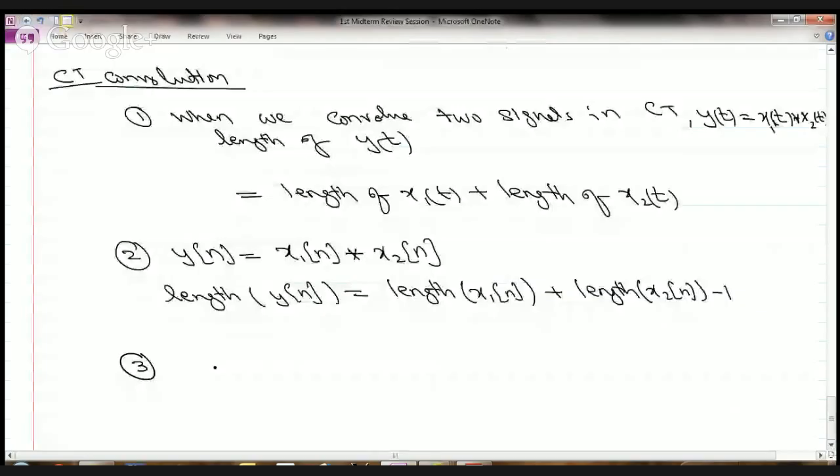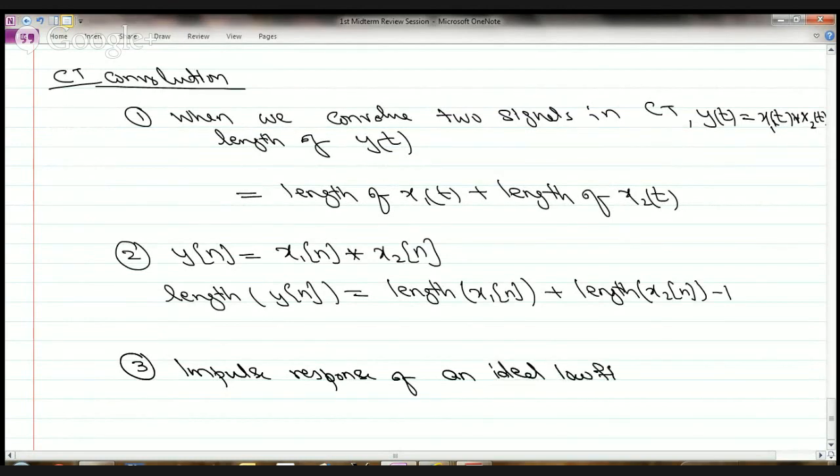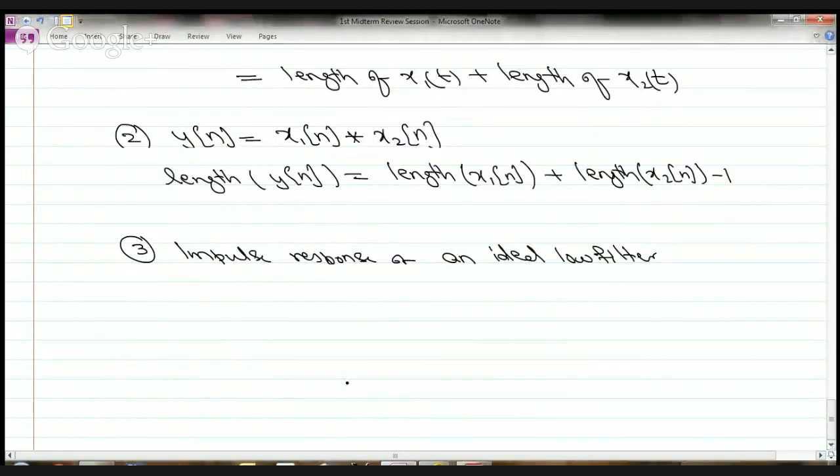Some other things, for example: what is the impulse response of an ideal low pass filter or a box filter? That's another thing you should remember.